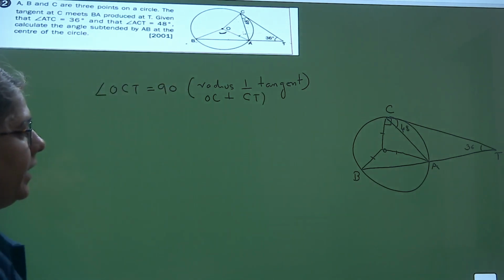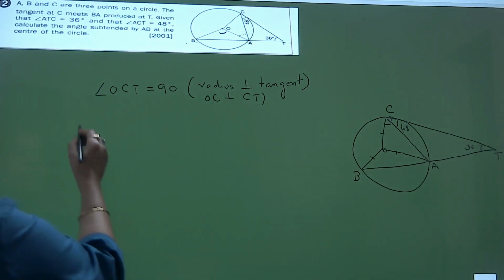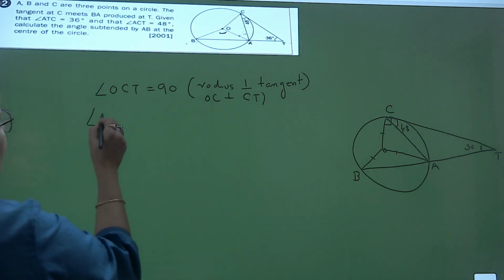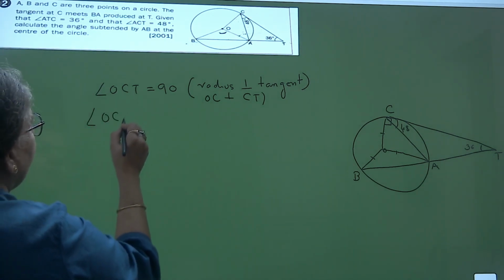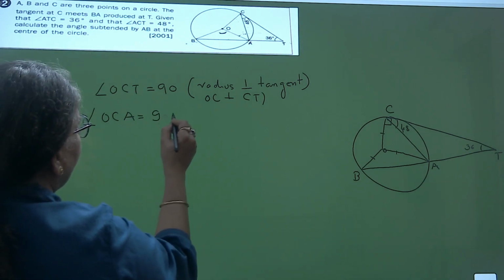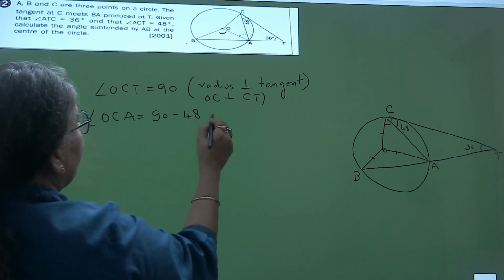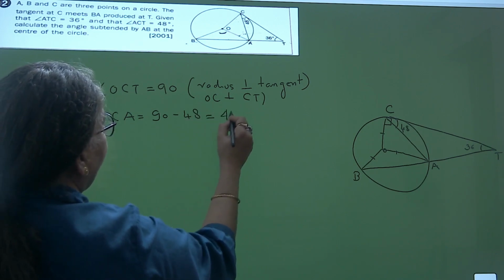Now we can find angle OCA. So angle OCA will be equal to 90 minus 48. This will come out to be 42 degrees.